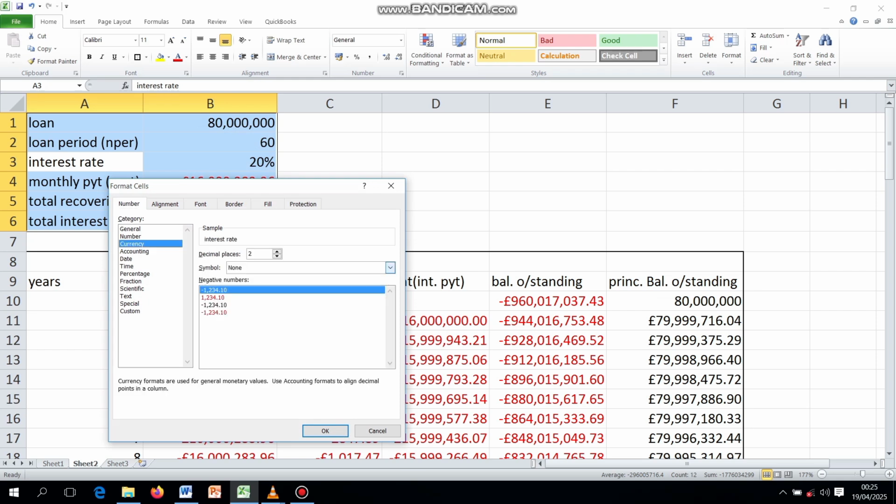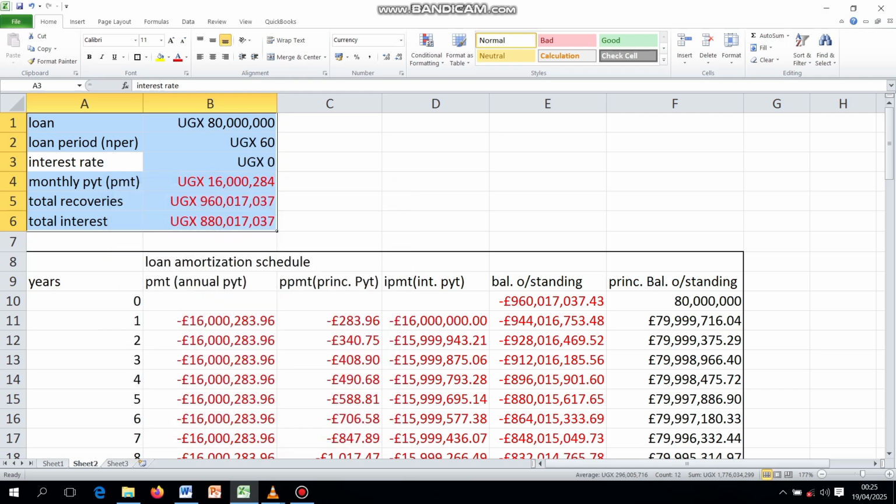So I'll come to the symbol for the currency, I press U, I get UGX. I put it there. Then they say remove all the decimal points from the figures, so I will put 0 as it is wanted. Then I will remove the negative sign and choose this, and I press OK.